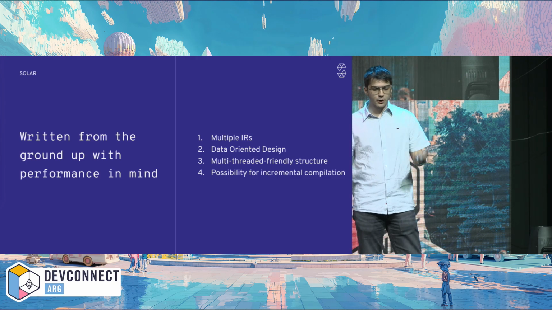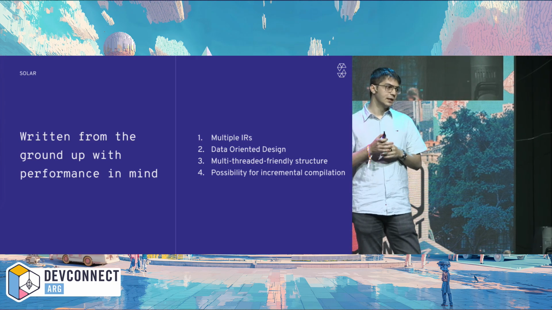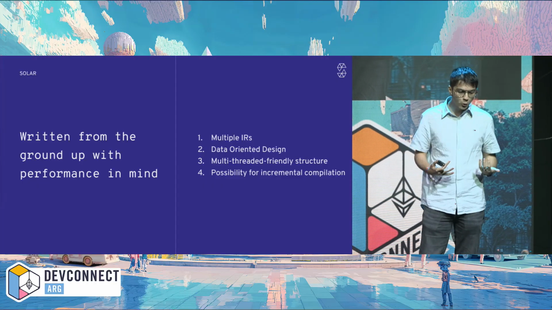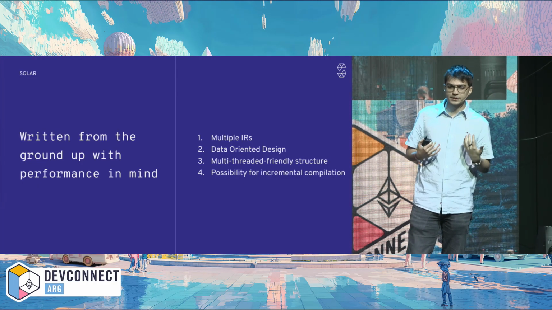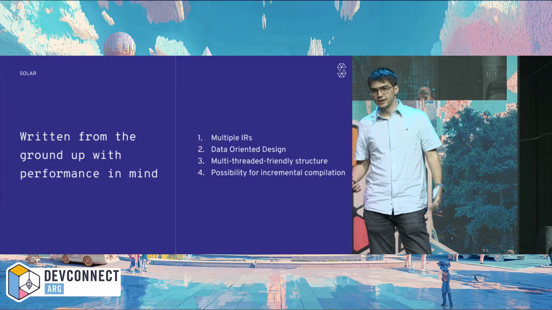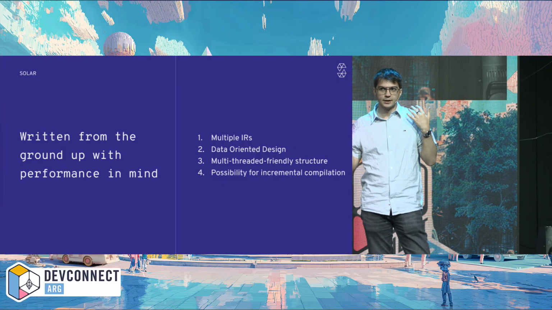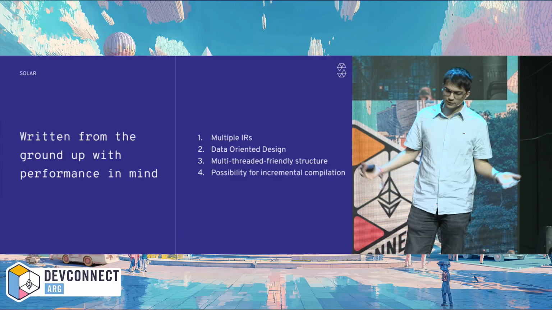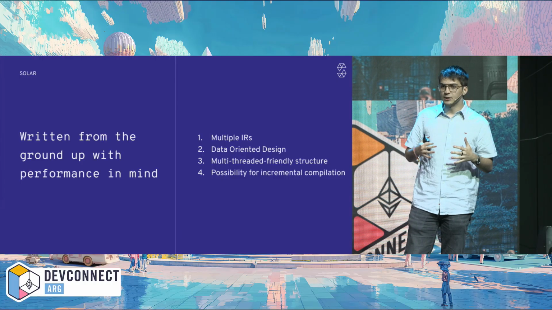for example, data-oriented design, where we encode the performance into our data structure. So for example, the whole compiler is structured around multiple levels of IR instead of a single monolithic AST.